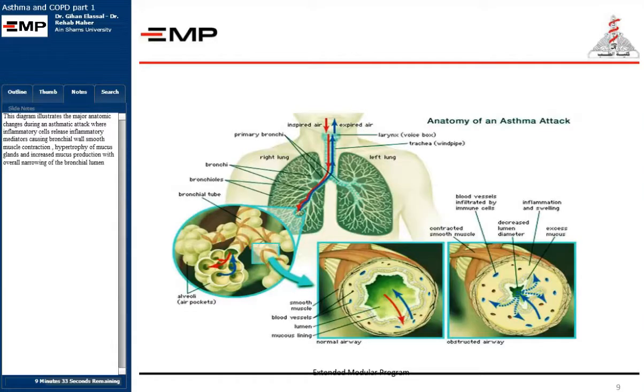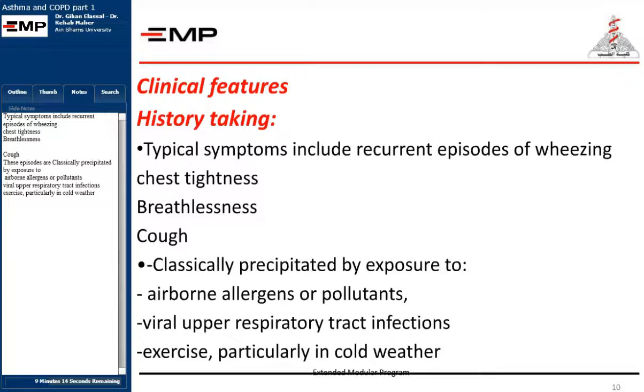This diagram illustrates the major anatomic changes during an asthmatic attack, where inflammatory cells release inflammatory mediators causing bronchial wall smooth muscle contraction, hypertrophy of mucus glands and increased mucus production with overall narrowing of the bronchial lumen. Typical symptoms include recurrent episodes of wheezing, chest tightness, breathlessness and cough.